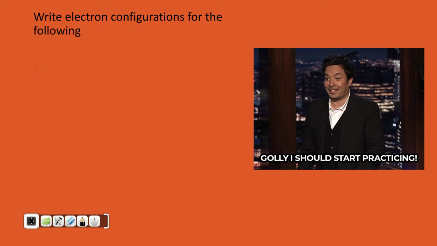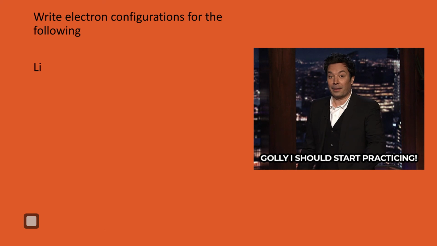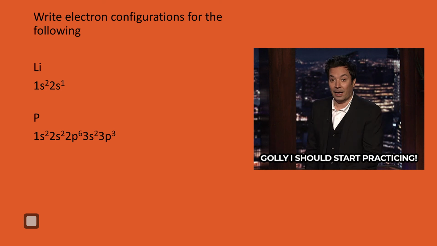And I know we're just about to do some examples, okay? So I'm going to just kind of have these come on up. Lithium is 1s2, 2s1. Okay? Phosphorus, 1s2, 2s2, 2p6, 3s2, and then 3p3. Okay, there's a process with it. So we go back to the periodic table and do it.